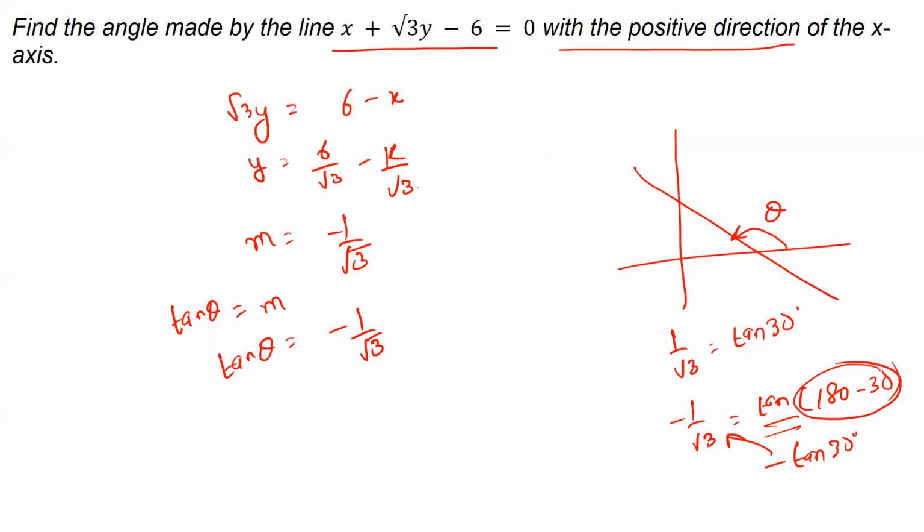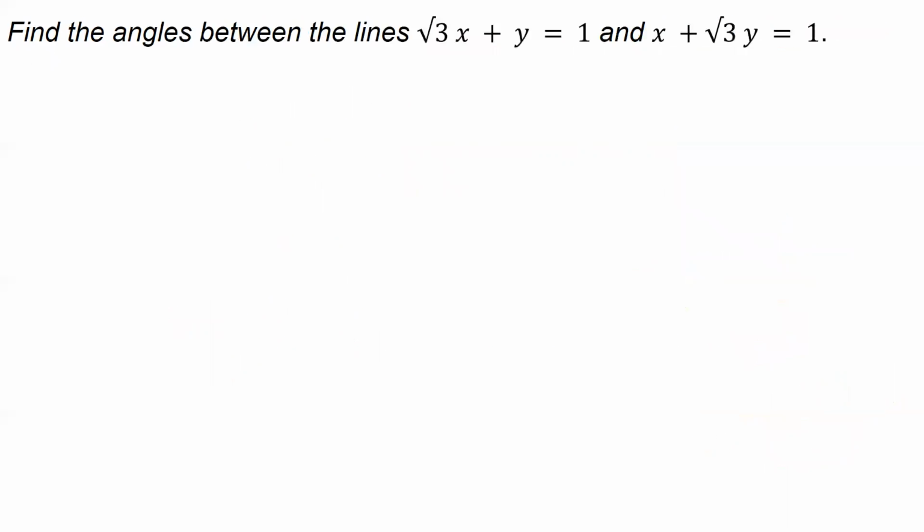So this is how you can find out, just 180 minus 30 degrees. Compare it with the first quadrant value 30 degrees, and then 180 minus 30 degrees will give you a value in the second quadrant. This is the trick that you can remember. So we get theta equal to 180 minus 30, which is equal to 150 degrees. Okay, so this is the angle which the line makes with the positive direction of the x-axis.